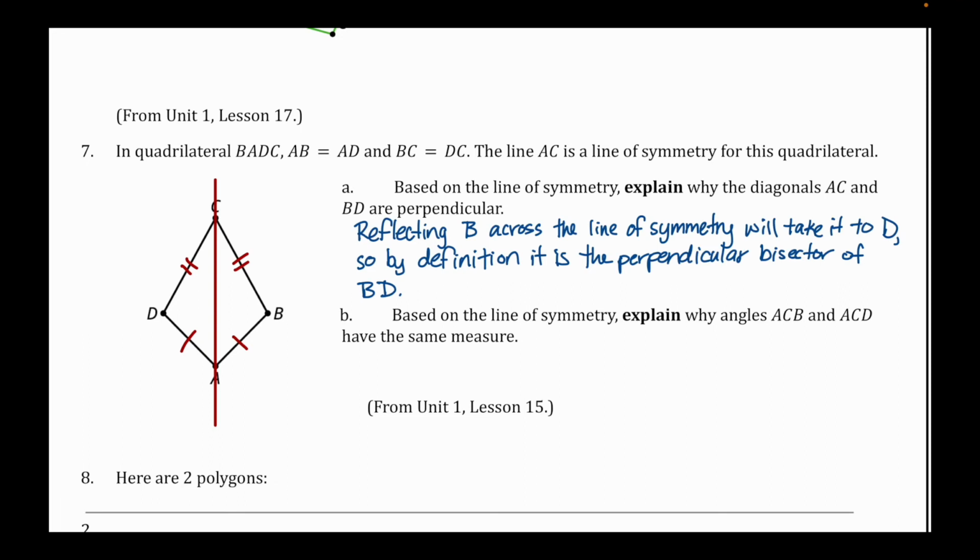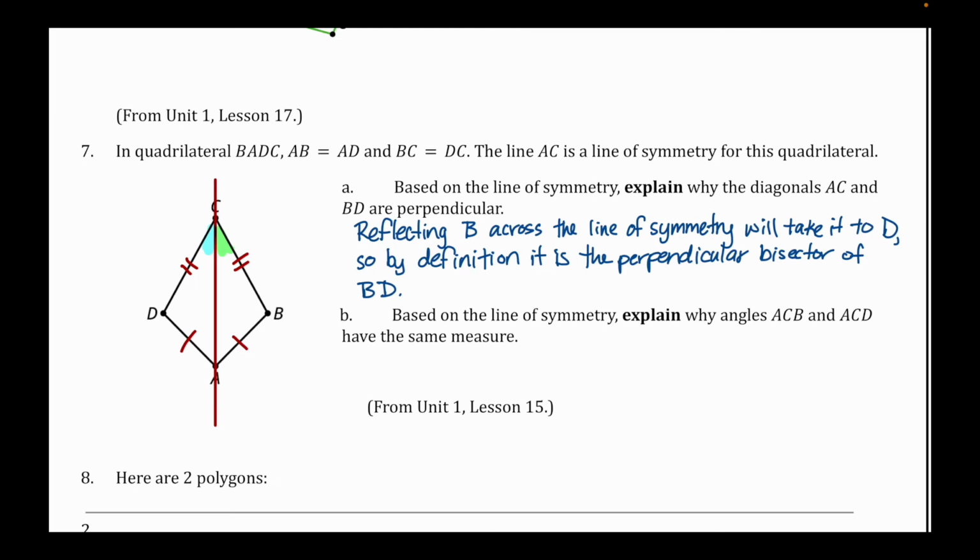Okay, so the second part of this is based on the line of symmetry. Explain why angles ACB and ACD have the same measure. That is this angle here and this angle here. So we want to explain why those two have the same measurement. It's going to be a similar explanation to the first one.